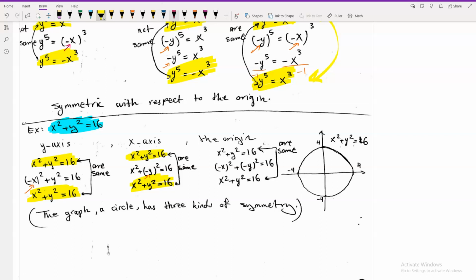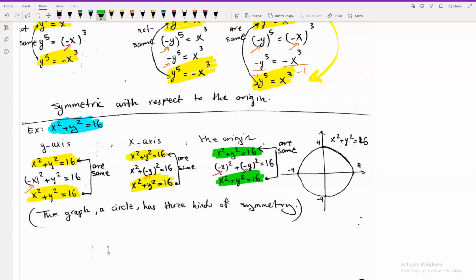Finally, with respect to the origin, we have to use negative x instead of x, negative y instead of y. And again, we have the same thing. So comparing what was given with what we have after testing is exactly the same. So this means our graph is symmetric with respect to y-axis, x-axis, and the origin.